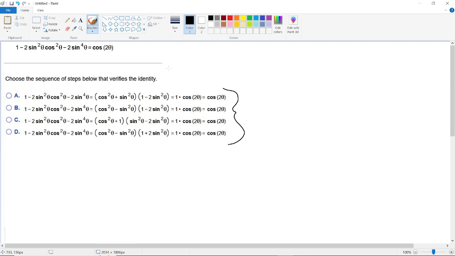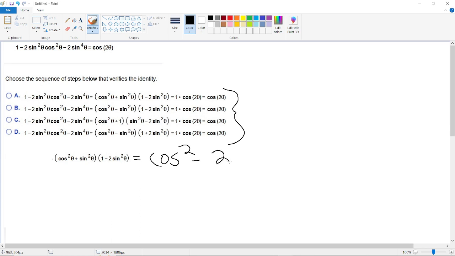So let's try the first one first, and let's see if this one actually equals what's on the left and what's on the right, because they factored it. You can figure out how to factor it, or you can just FOIL what's there. So this equals cosine squared times 1 is cosine squared. I'll just put cosine squared, I won't put the thetas.